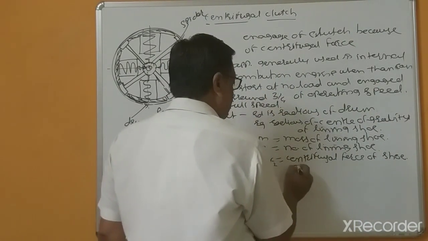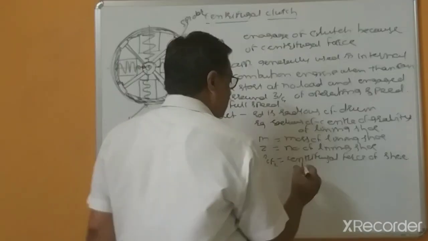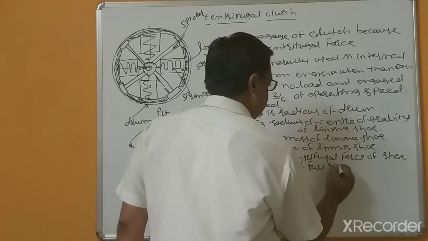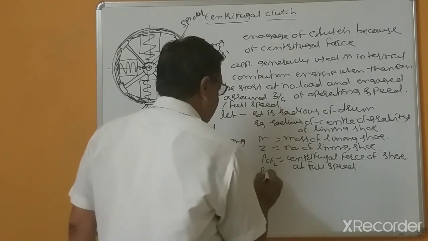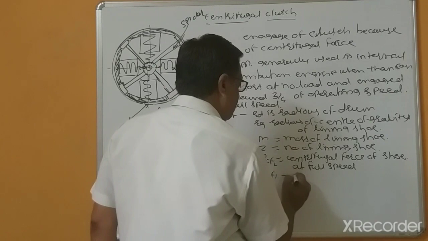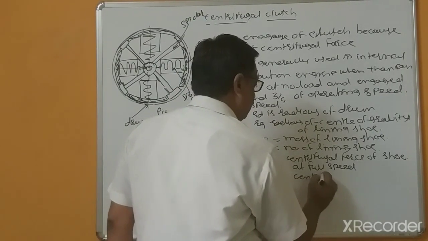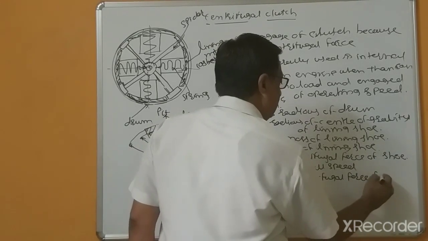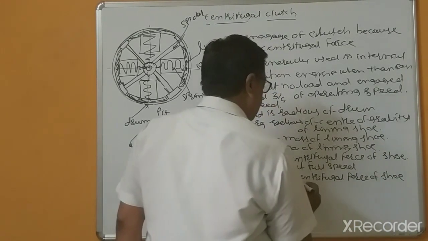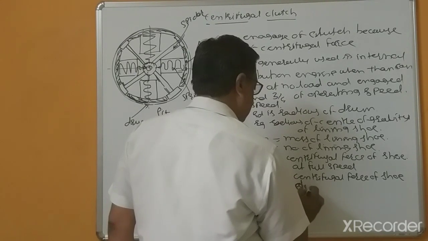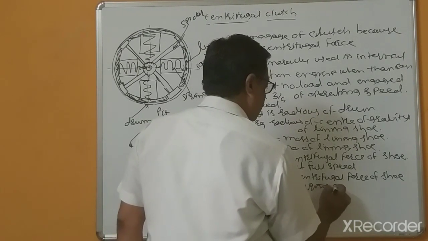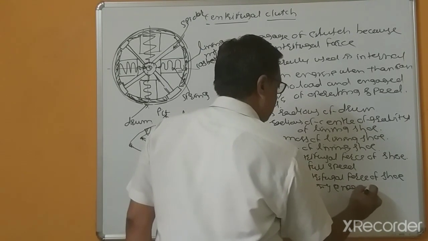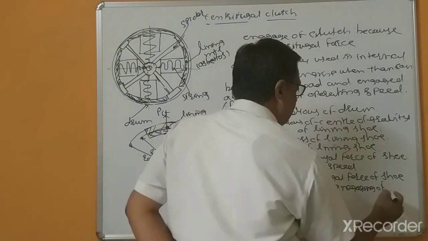PCF at full speed, and PCF1 is the centrifugal force of the shoe during engaging of the clutch.